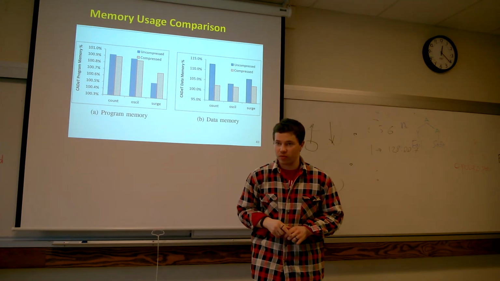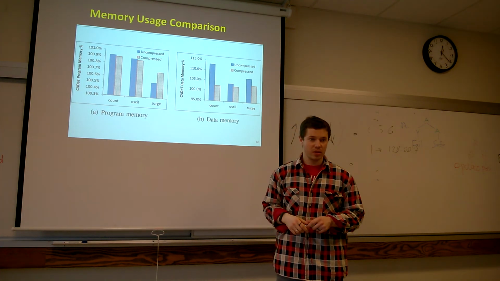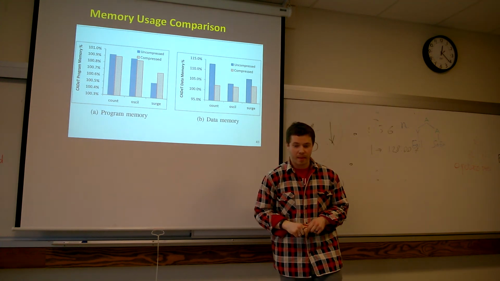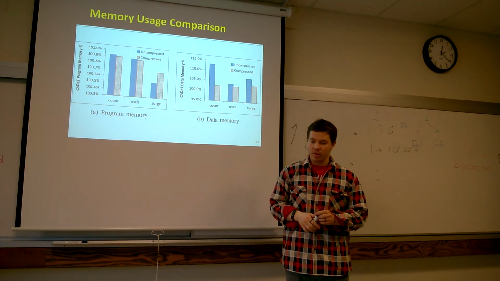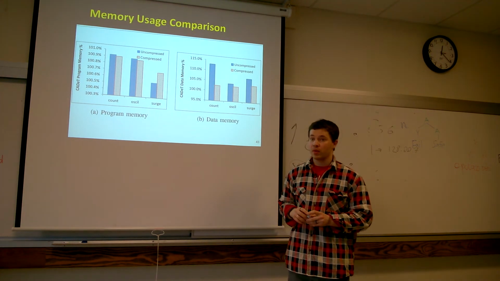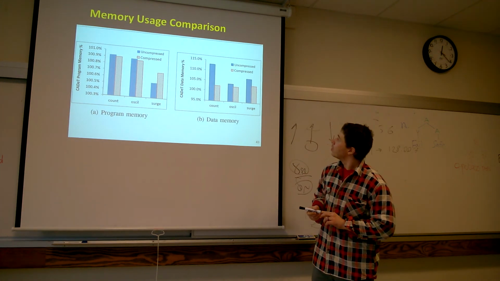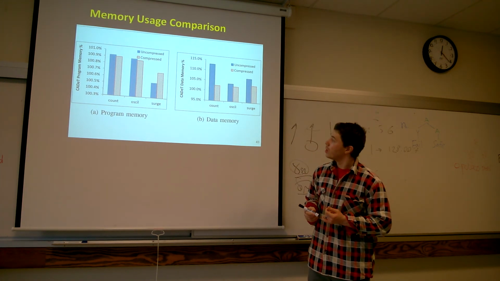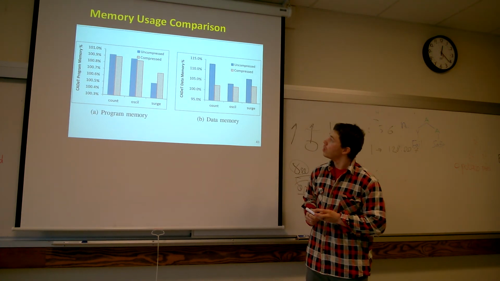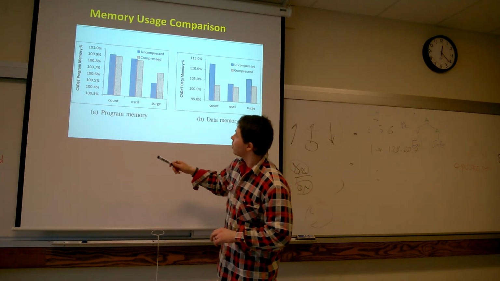So by data memory, they mean the AA map and E map stuff, and also the trace? All data. Okay. What I would expect in the program memory is that compressed takes up more space, because the extra instructions for doing compression should take up more space. I can't explain why for two of the benchmarks, compressed takes up less space in the program memory.